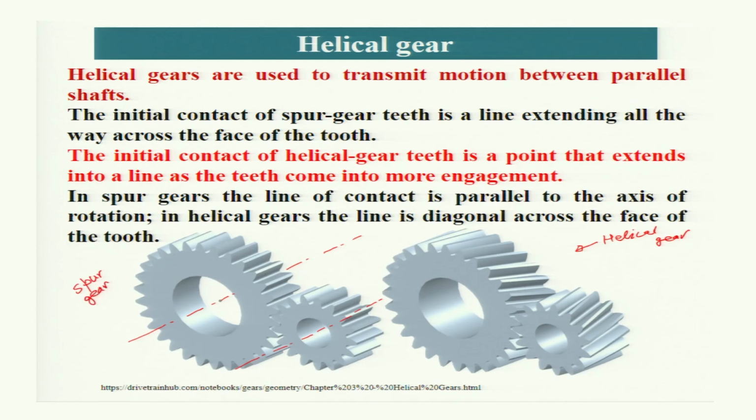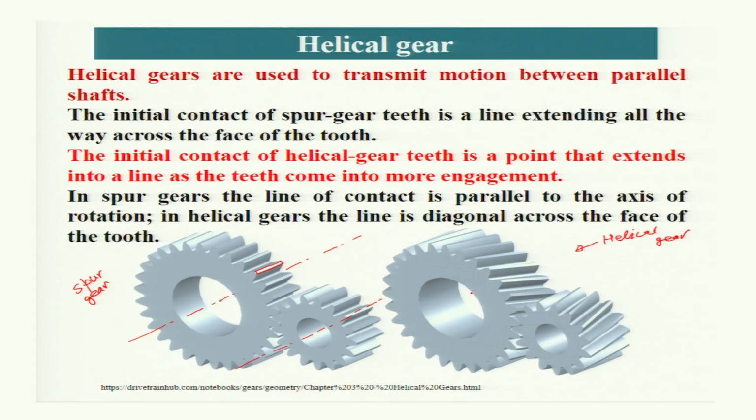Now if you see the way the gear teeth are formed on the spur gear and the helical gear, then it is obvious that the gear tooth in the case of spur gear is parallel to the axis of the shaft.